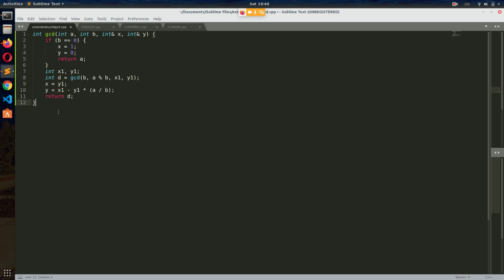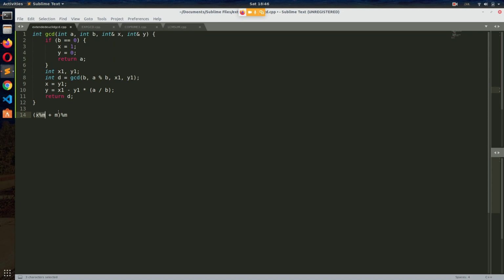Now this solves the equation ax plus by equal to 1. It is possible that the x value that you get here is negative. So in that case, you would have to take x modulo m, and then add m to it, and then take a whole modulo m over here. The reason is that suppose x was negative, then x modulo m gives a negative value which is greater than minus m.